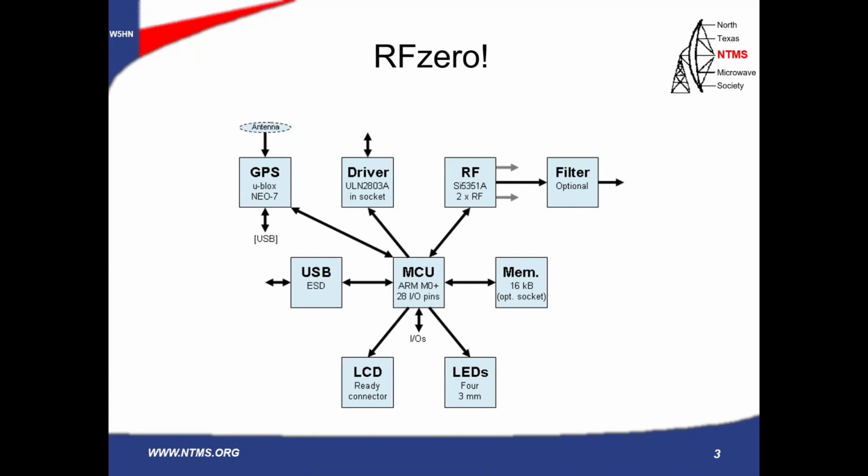This chip basically goes to about 300 megahertz. That's not microwave, but it has harmonics that are usable. It's got a filter, but you can adjust this. Down on the bottom, it's got shield-ready pinout for LCDs and it's got these LEDs.